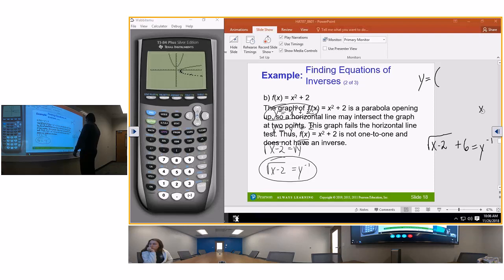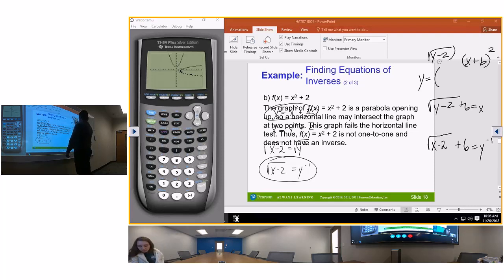So x is equal to the square root of y minus 2 plus 6. So that's going to be x minus 6. And let's see, that's the square root of y minus 2. So that's quantity squared. So y is equal to x minus 6, quantity squared, plus 2.